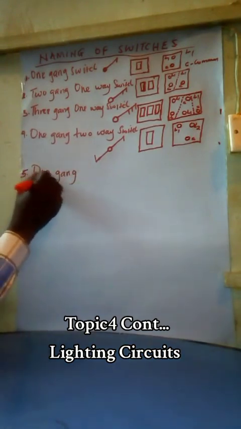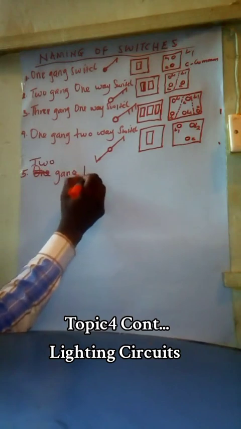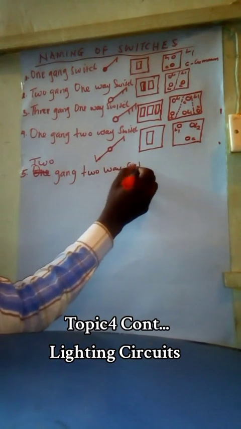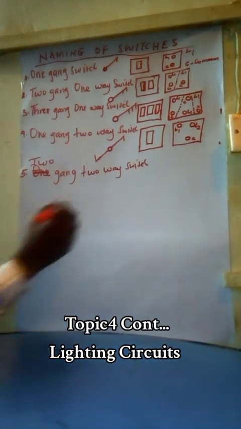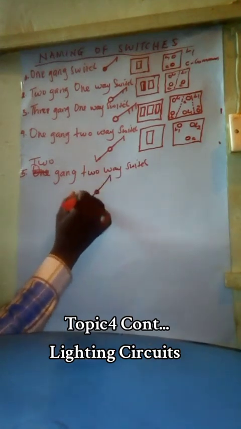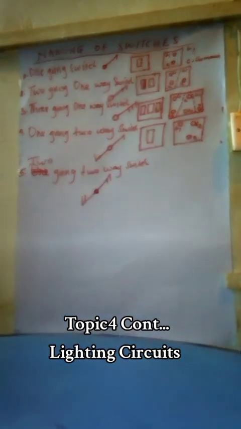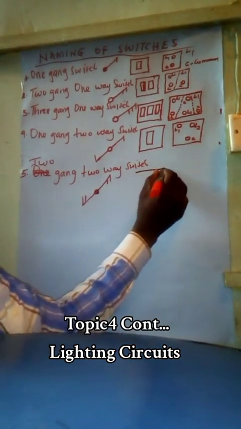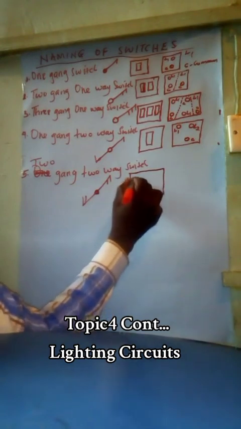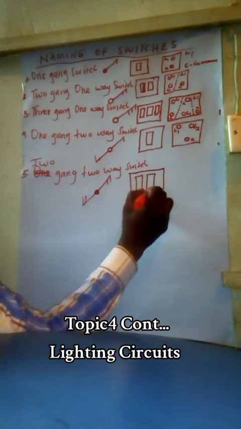The 5th one, let's have 2-gang, two-way switch. Graphical symbol will be like this. This is the gang, but now we have 2-gang. Here, it will appear this way, but now with 2 buttons or rockers.